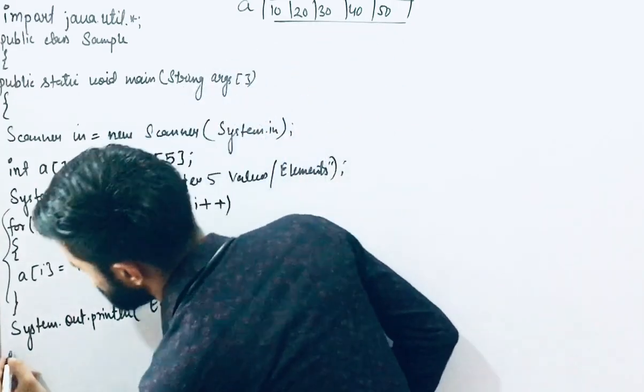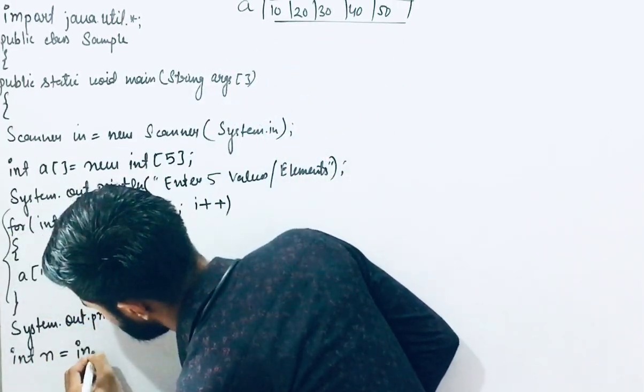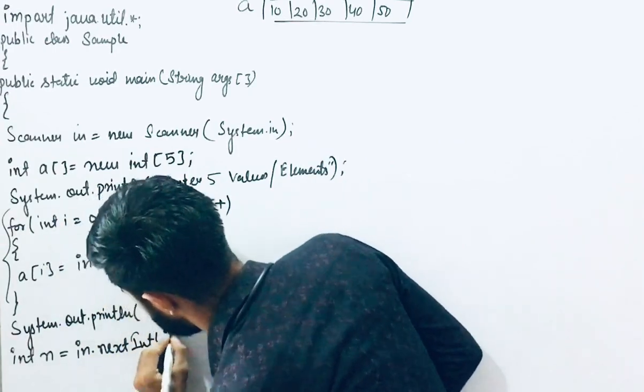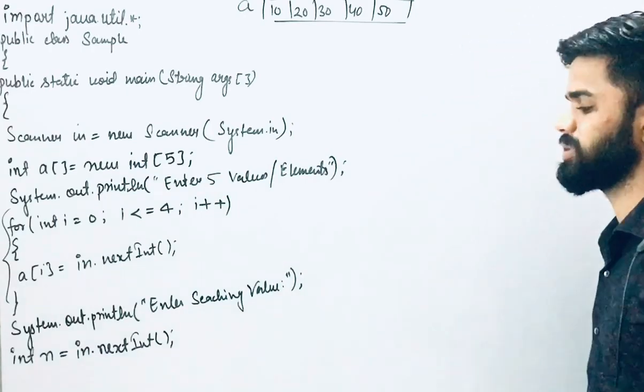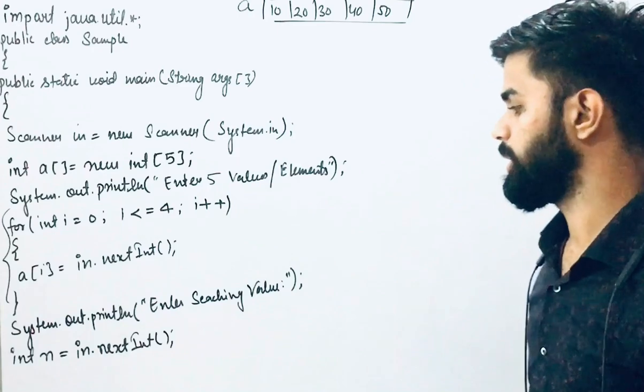And then it stores: int n is equal to in.nextInt. So whatever value is there for searching, it is stored under variable n.